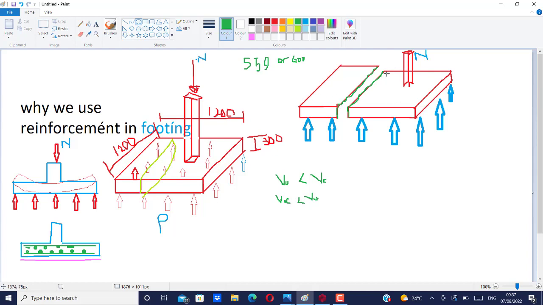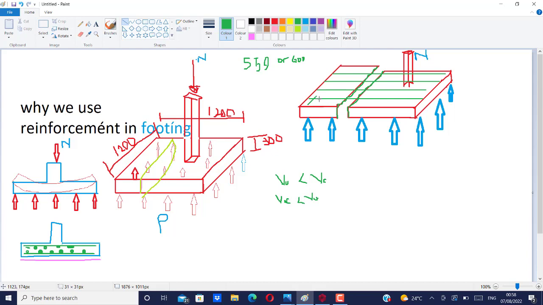So remember, as this thing is shearing total, if we provide reinforcement this way at the top, are you seeing it? It will prevent this crack from taking place.